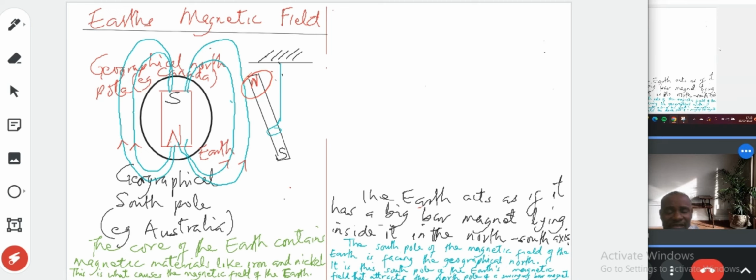Once it stabilizes, the north pole of that magnet will definitely point to the geographical north. Why? Because it is being attracted to the south pole of the Earth's magnetic field.